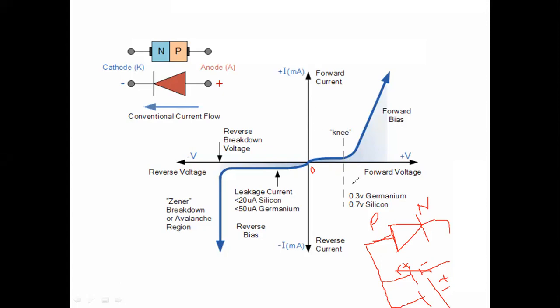As we increase the voltage from 0 to 0.1, 0.2, 0.3, at 0.3 volts, for a germanium PN junction diode.